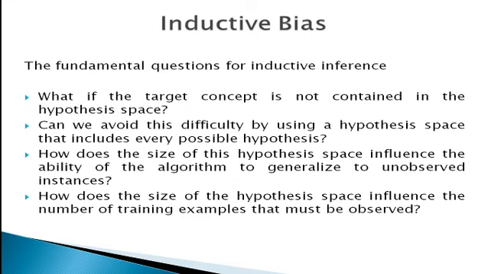These are some of the fundamental questions for inductive inference in general. Here we will examine them in the context of the candidate elimination algorithm. As we will see, the conclusions that we draw from this analysis will apply to any concept learning system that outputs any hypothesis consistent with the training data.